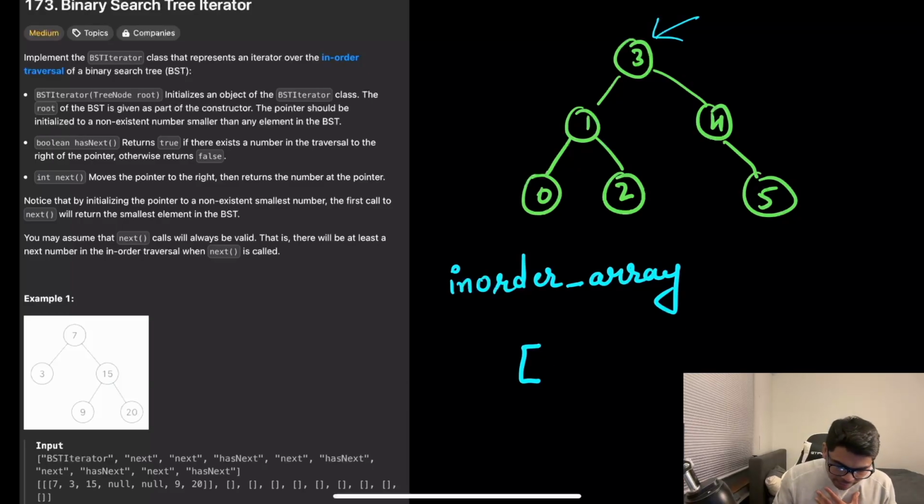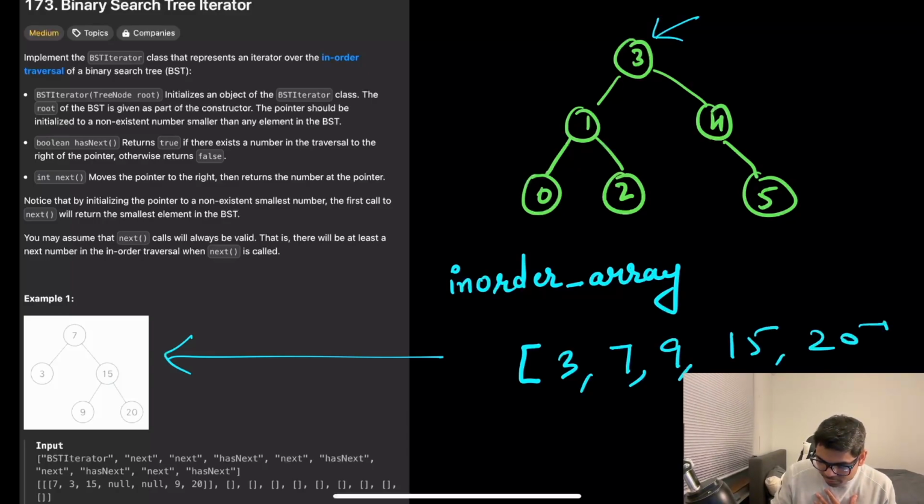If I iterate this tree, then it would be 3 first, 7, 9, 15, and 20. I think you get how I did the in-order traversal. And initially I will be pointing at 3, right?